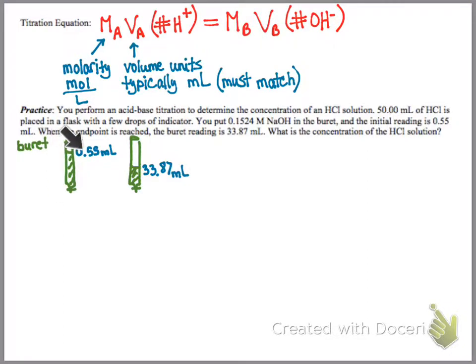We measure the volume when we start, and then after the titration is finished, we measure the volume after the solution has turned pink. In this case, it's turned color. The initial reading is subtracted from the final, and that is the volume of sodium hydroxide. So that's going to be the volume of our base.